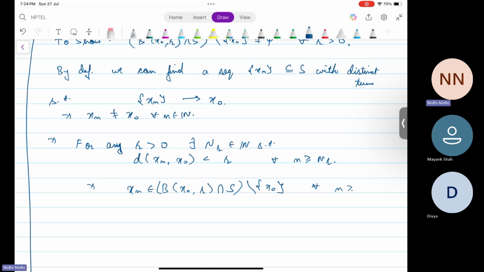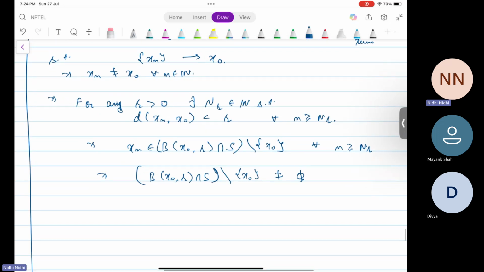That means B(x naught, R) intersection S minus the singleton set x naught is non-empty. And since R positive is arbitrary, this is non-empty for every R. That's what we needed.